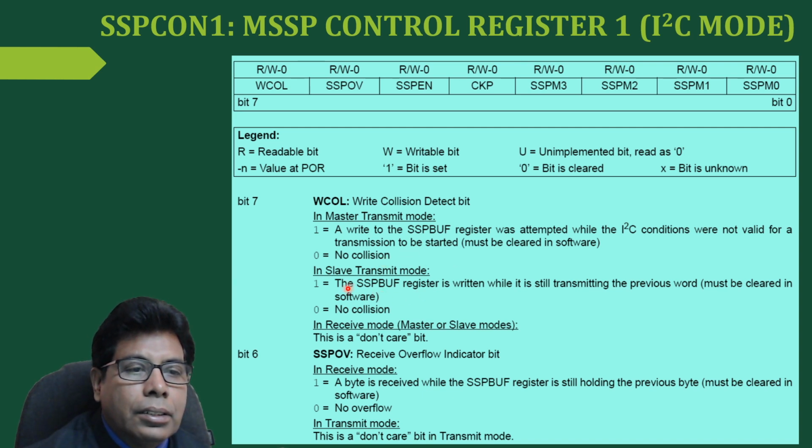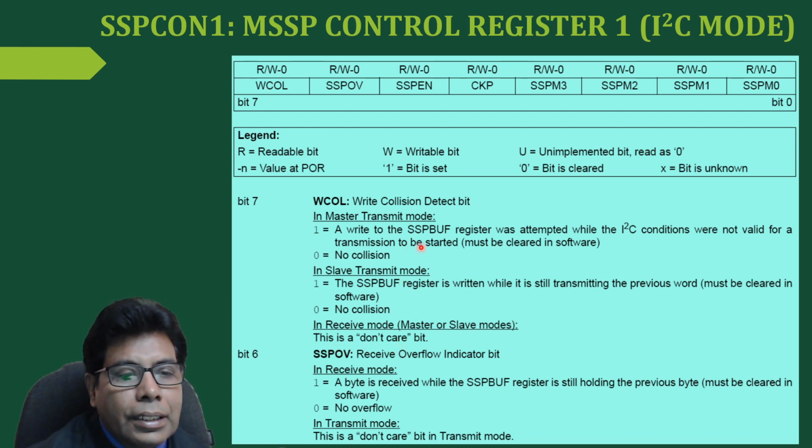Then in slave transmit mode, 1 means the buffer is written while it is still transmitting the previous word, and 0 means no collision. And in the receive mode, this is a don't care because it is not transmit mode.